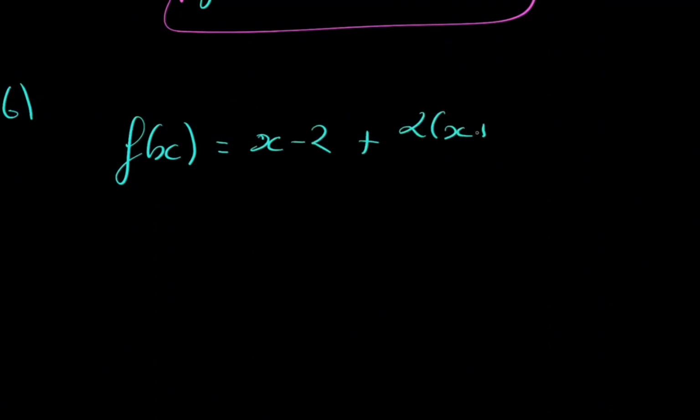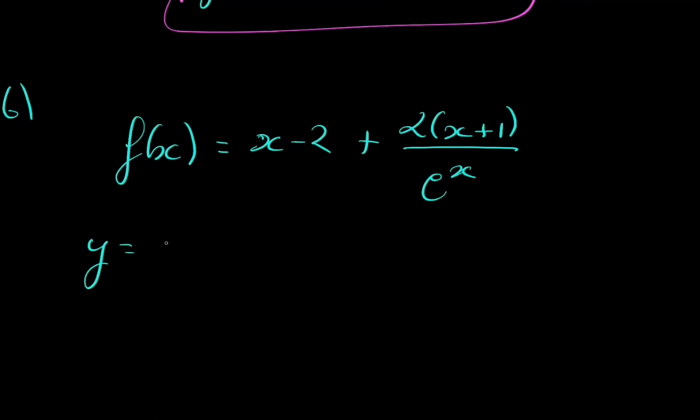So, how do we answer this question? Let's remember that f of x is equal to x minus 2 plus (2x plus 1) over exponential of x. How should we answer this question?